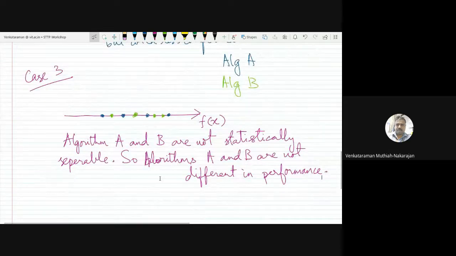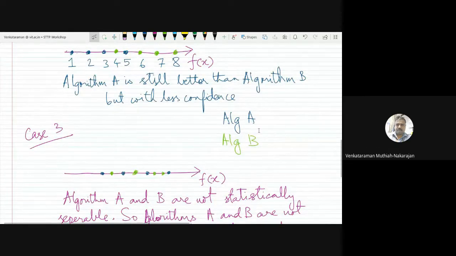Okay. So let us now go ahead and compare the algorithms using rank sum command.